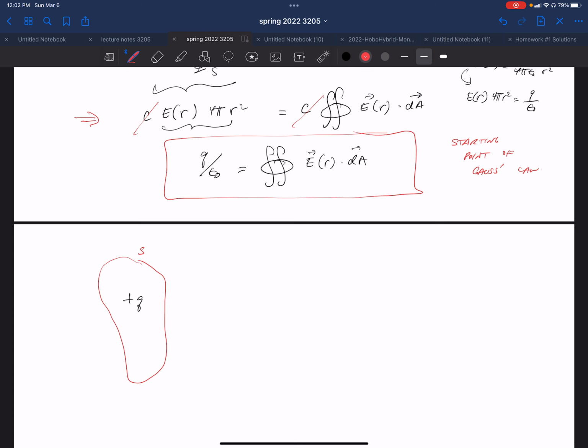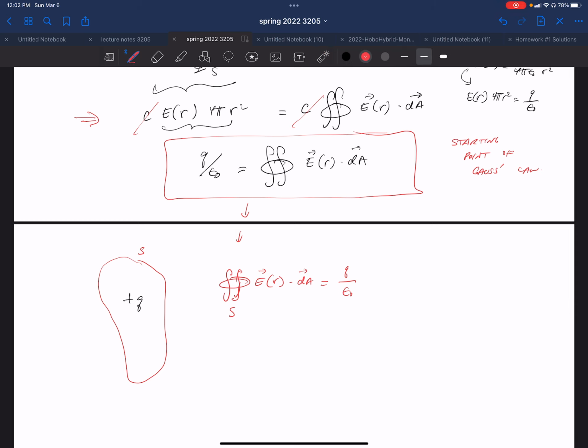So you could enclose it with any funky shaped surface, whatever you like, and, just redrawing this, the integral of the electric field times the area, again in vector form, dot over an enclosed surface S is Q over epsilon naught, with Q being the charge you're enclosing.